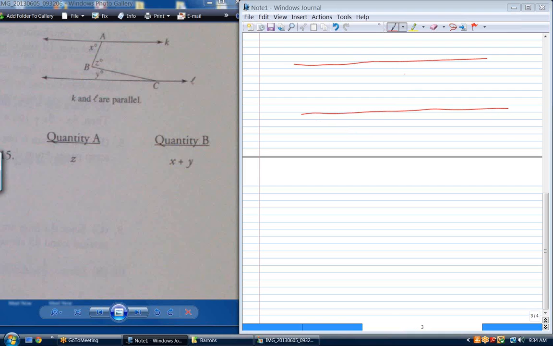Now, I don't know if that shortcut is going to be that useful to you, but it actually might be, particularly in this problem. The secret to solving the problem is to extend one of these lines. Okay, let me label all my angles.